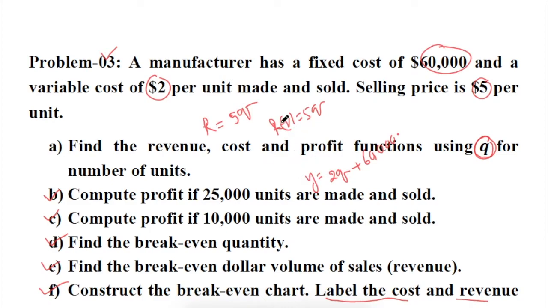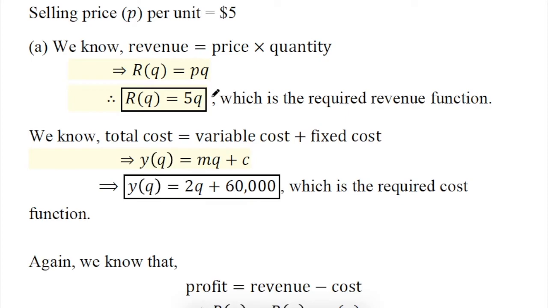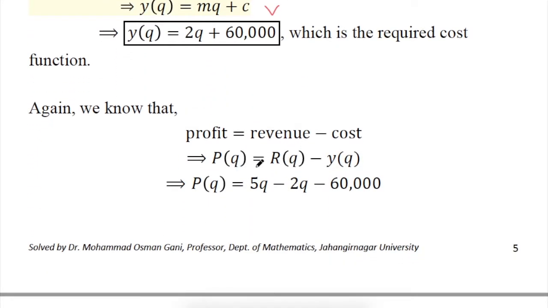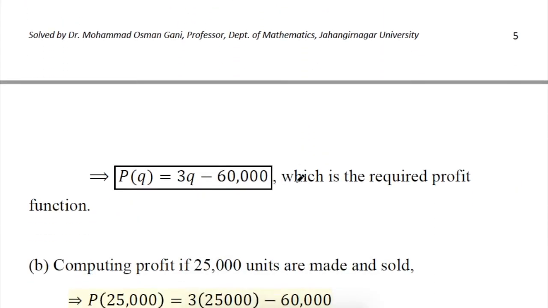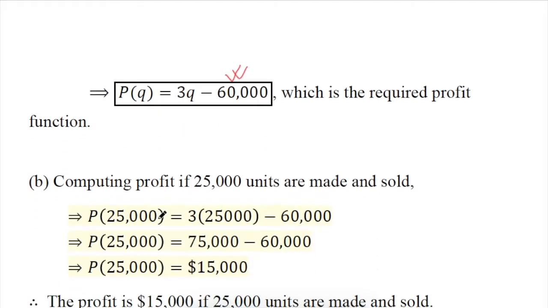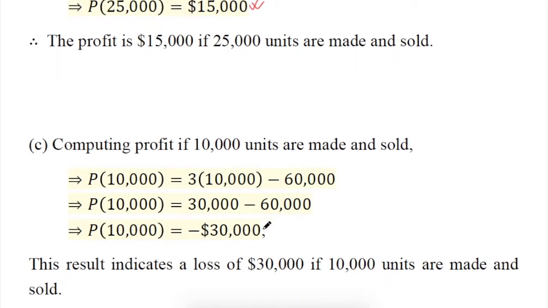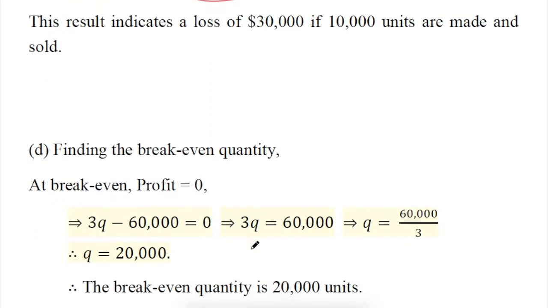So you know the revenue line, you know the cost line. Now you can calculate the profit function: revenue function, cost function, and profit function will be revenue minus cost. So that will be this one, and you can calculate profit for 2,500 units. That will be $15,000, and profit for 10,000 units will be minus $30,000, which indicates a loss of $30,000.